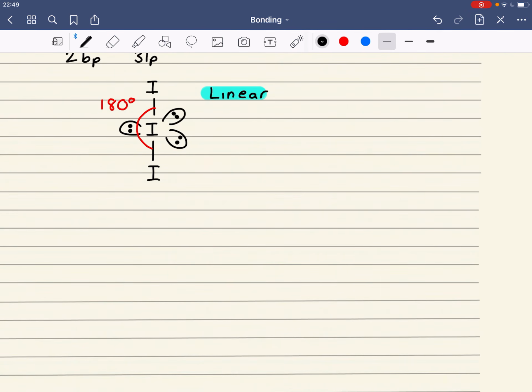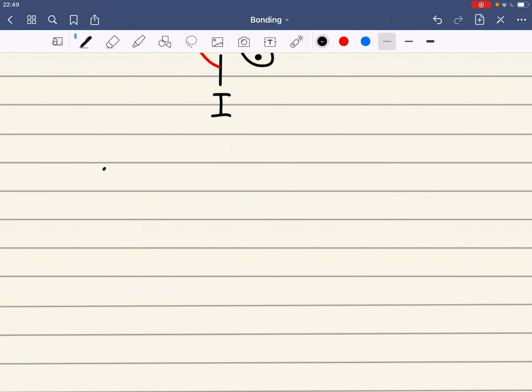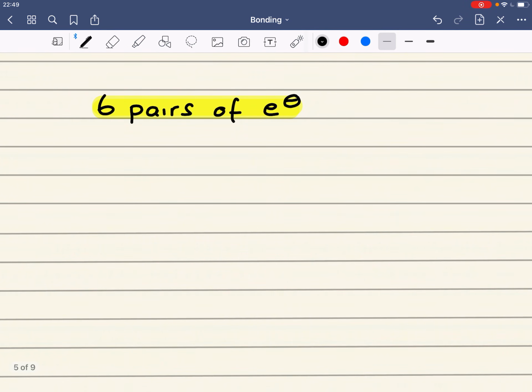So we're now going to move on to where we've got 6 pairs of electrons. And this is based again on an octahedral structure where my bond angles would be 90 degrees. But now I'm going to remove one of my bonding pairs and put a lone pair in its place. And this could happen in a molecule such as SF5-. And let's just draw them.